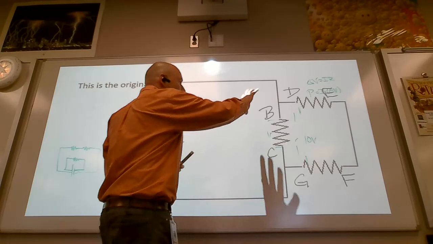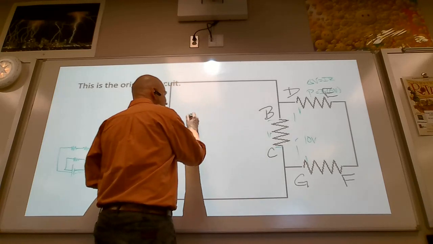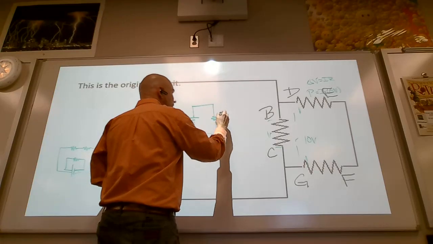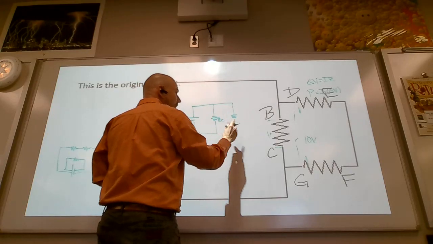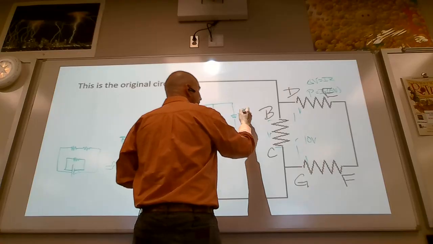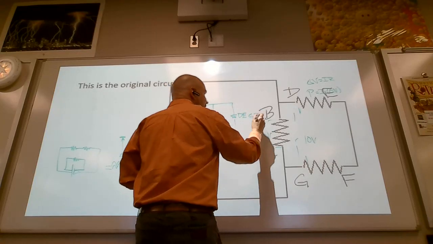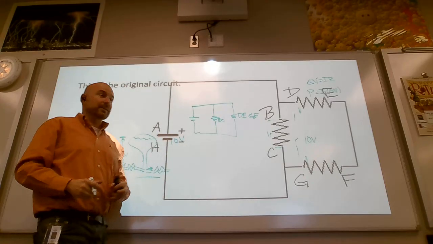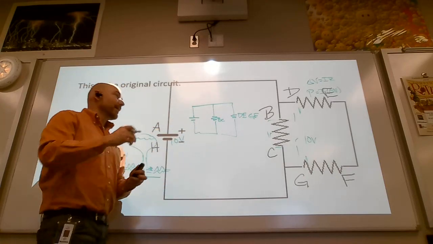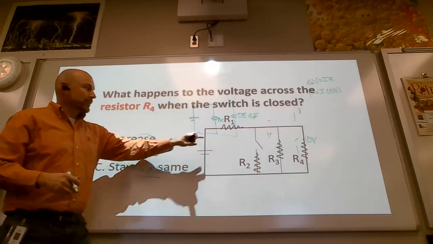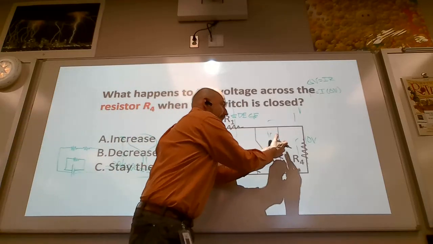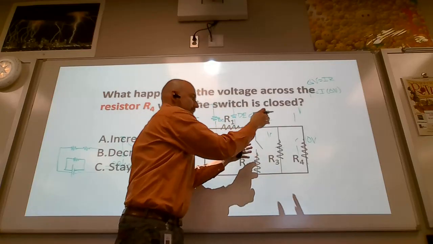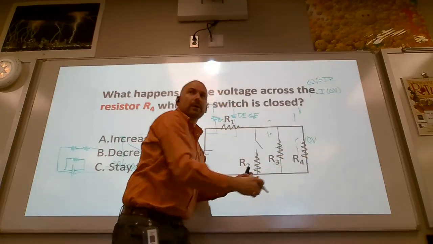If I simplify this, this is BC, and I'm going to lump these two together. This is DEGF. Does that make sense? They're parallel. This other one, the base was a series. I'm going to simplify these down in parallel, but then R1 is in series with 2, 3, and 4.